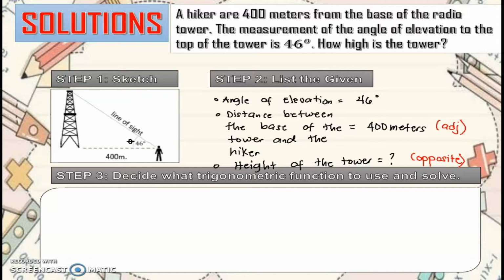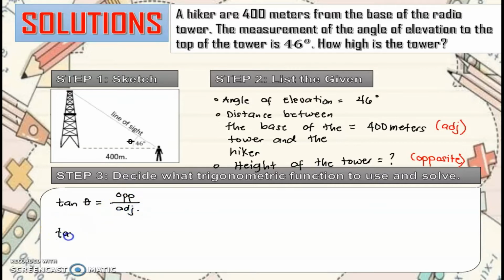Is it sine, cosine, or tangent? With this example, class, since the given are adjacent and opposite, we're going to use the tangent ratio. So tangent theta is equivalent to opposite over adjacent.